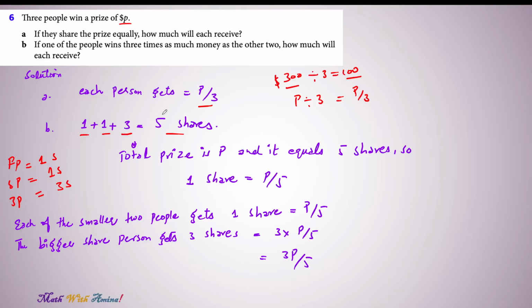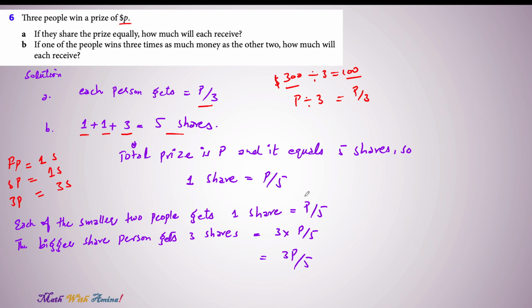Out of these 5 equal parts, the first person receives 1 share, the second also receives 1 share, and the third person receives 3 shares of the total prize. So the total price P equals 5 shares. So 1 share would be P divided by 5.